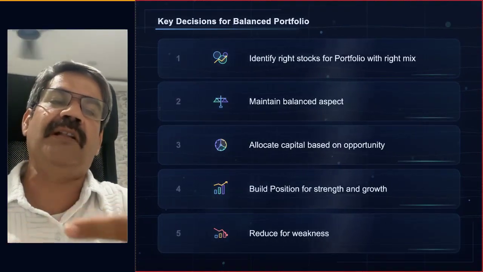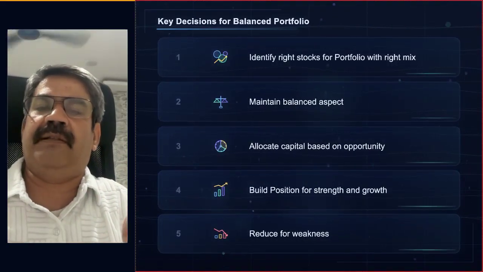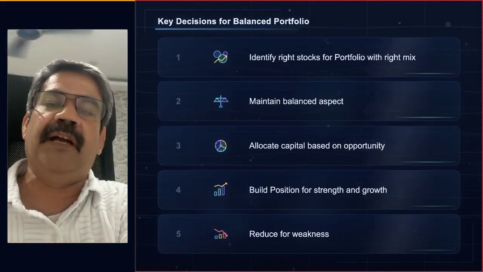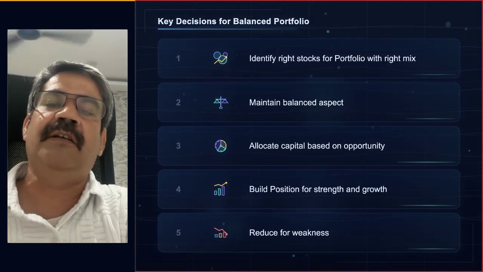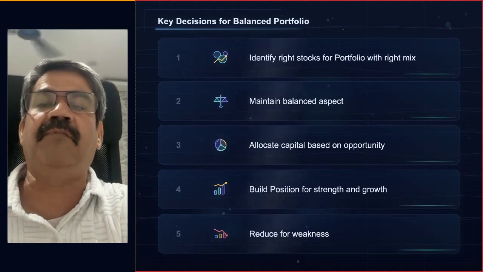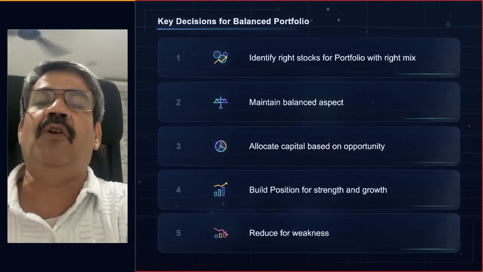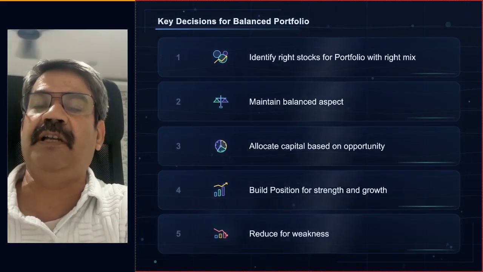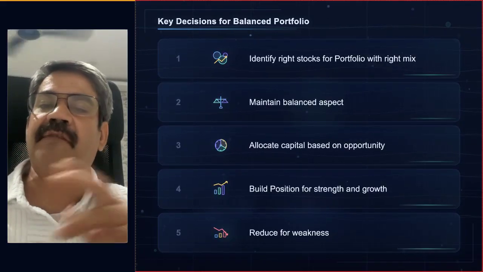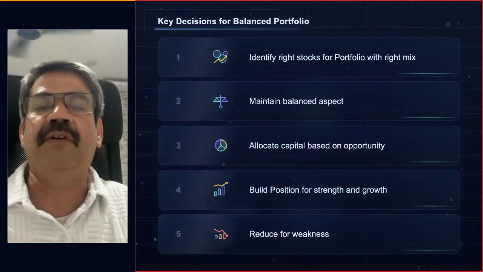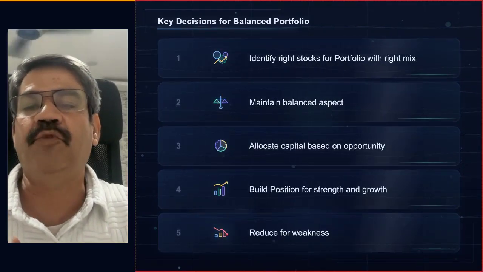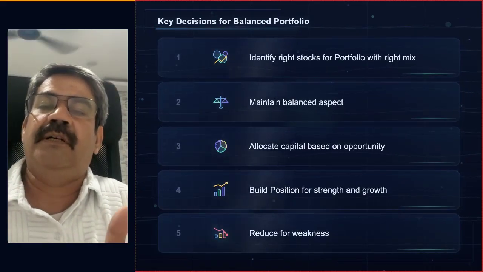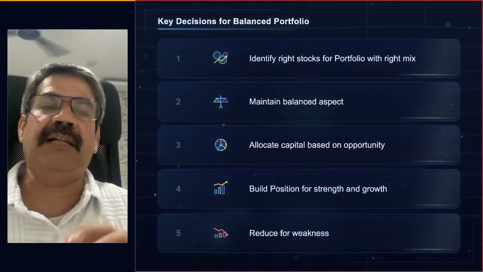And then you should be able to bundle them together in a basket which is having the right mix, because something which is in the growth phase, market would be giving a premium to it, and the moment a bearish phase comes in the market, whatever speculations and predictability market is trying to build around future earnings will always take a much deeper cut, and sometimes they don't come back with the same intensity as they are going up. That is why you can't just have growth stocks, you need to have stability stocks, you need to have growth, and then you want to layer it with momentum, tactical, income, and hedge, depending upon what your objectives are of creating a portfolio. So that's the first part of it.